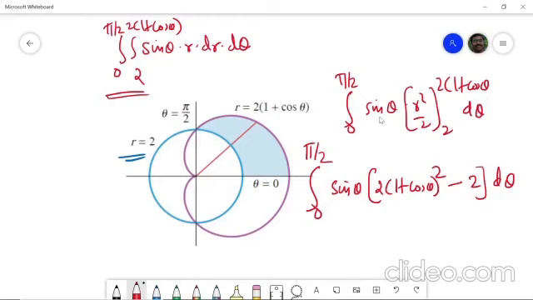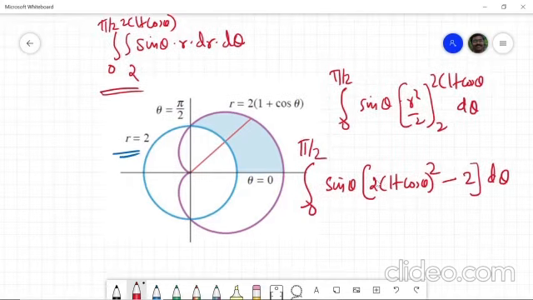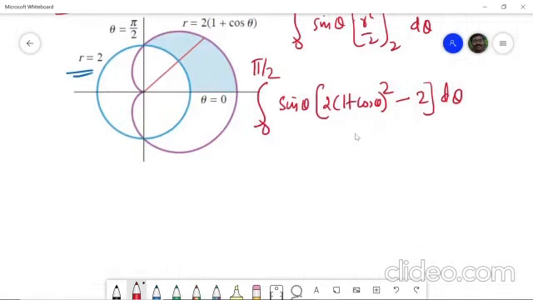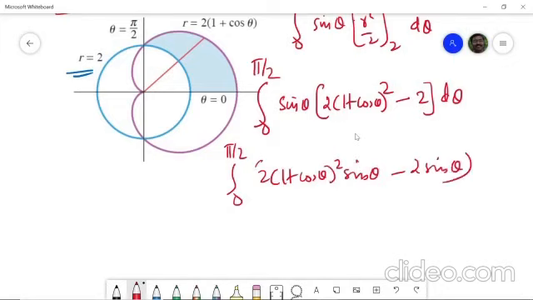Okay, so r equals 2. So this is your integral. Now you have to evaluate this. It's very simple. If you multiply sine theta inside, you will get the integral from 0 to pi by 2 of 2 into (1 plus cos theta) the whole square into sine theta, minus 2 sine theta, d theta. You can easily evaluate it if you substitute 1 plus cos theta as u, so minus sine theta d theta will be du.